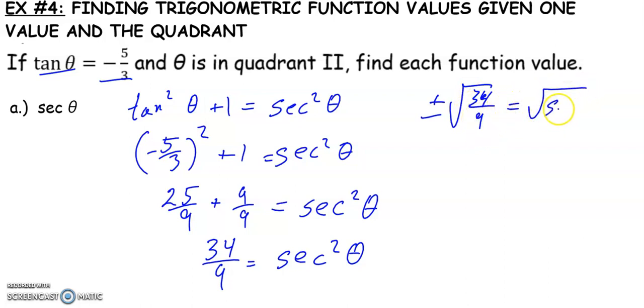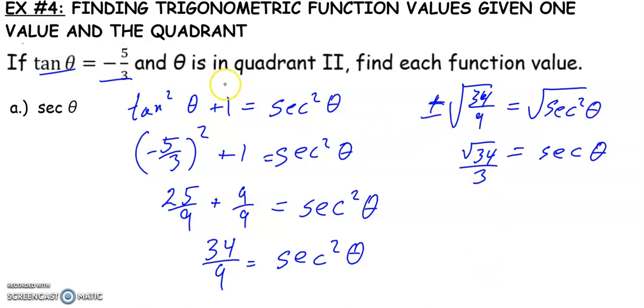I am going to square root secant squared of theta. Square rooting a square cancels out the square. So then I am going to be left with the square root of 34/3. Now, I don't want both plus and minus.